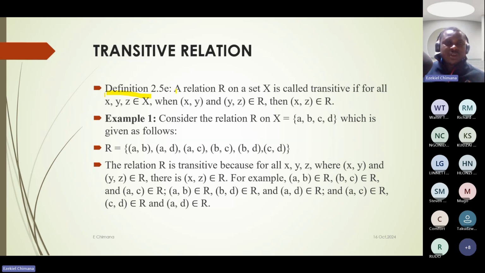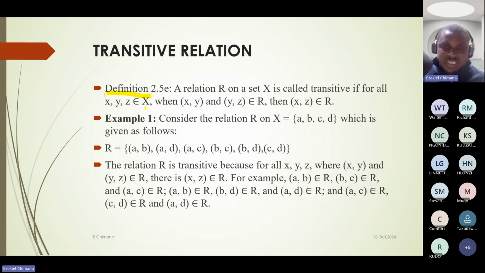Okay, so on the transitive relation: a relation R on a set X is called transitive if for all x, y, z elements of X, when (x, y) and (y, z) are elements of R, then (x, z) must be an element of R. So this is a relationship which involves three elements. You've got x, y, and z, and whenever you have got (x, y) and (y, z), you must also have (x, z).